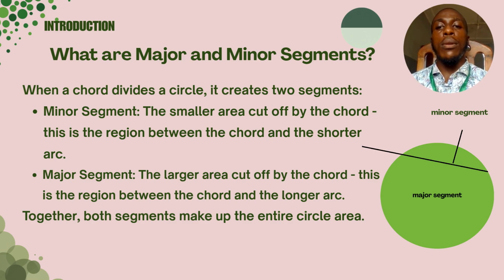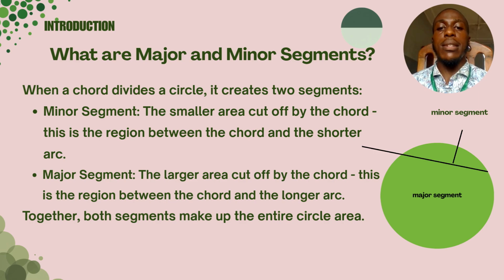But now we have something known as a minor segment, which is the smaller area cut off by the chord. As you can see on the diagram, that smaller area there is the minor segment, and that's the region between the chord and the shorter arc. Now we have something known as a major segment.